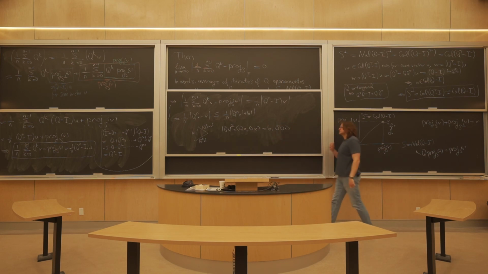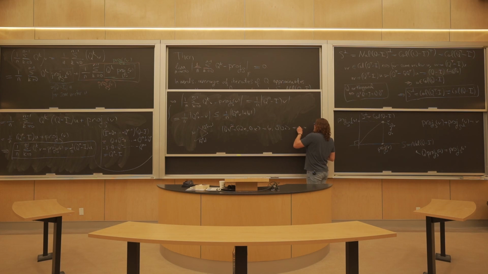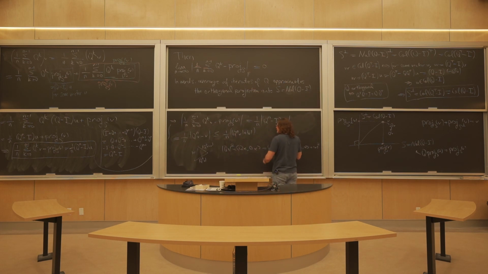But q is orthogonal, which means that q transpose q equals I, which means this is nothing but x against x, squared. Okay? So here I can get rid of this q. And so I would be left with 2 times norm of v divided by n.